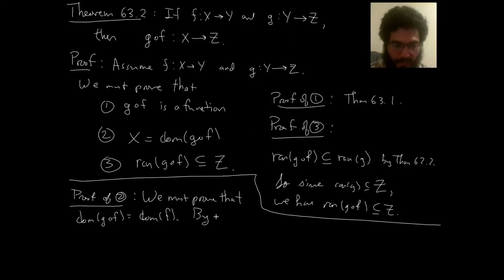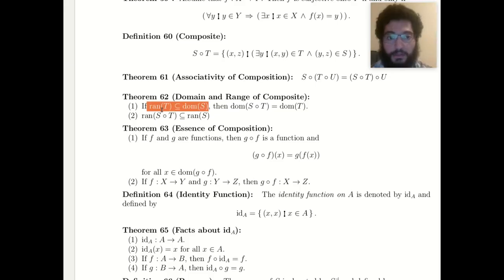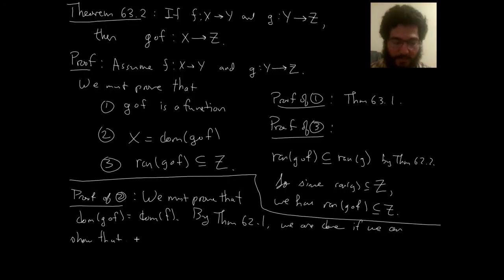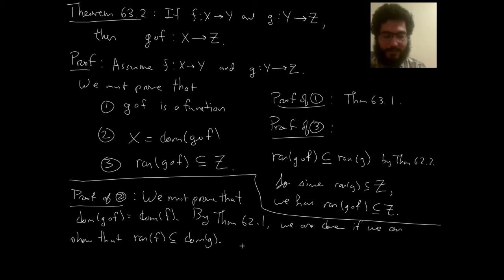So by theorem 62.1, we are done if we can show that the range of the right thing is a subset of the domain of the left thing. If we can show that the range of f is a subset of the domain of G. Okay, but we do have this, so here's how we have it.